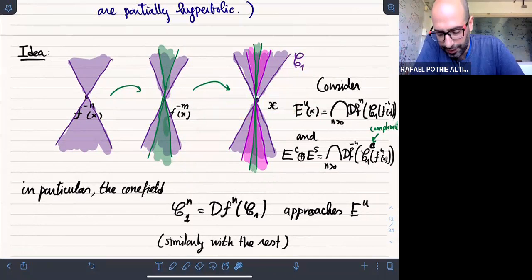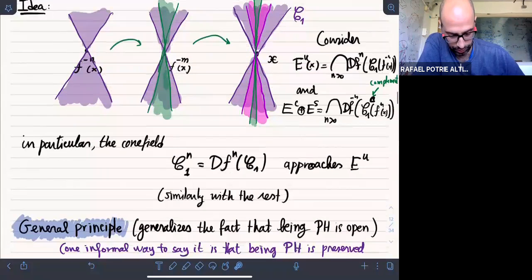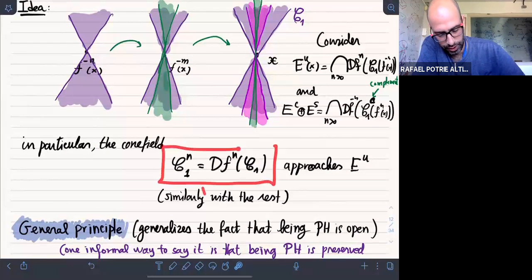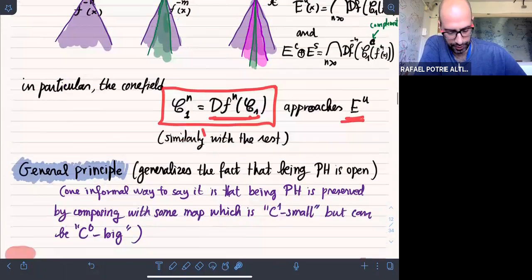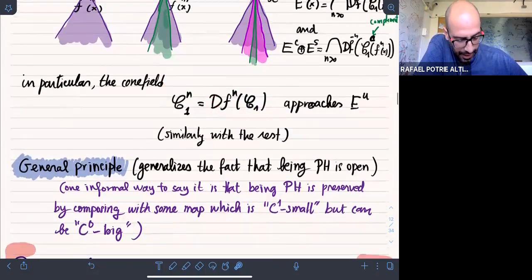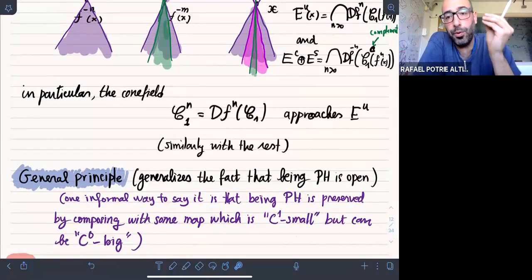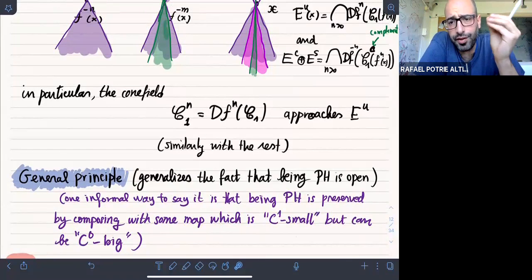And since this is a nested intersection of subsets, this will give you a very good approximation of the bundles, as good as you want. This is what I wrote here, that this cone field approaches the unstable direction, and the same with the rest.